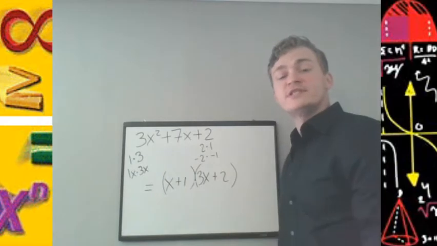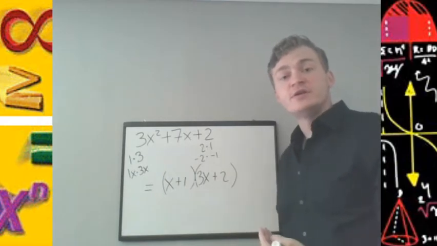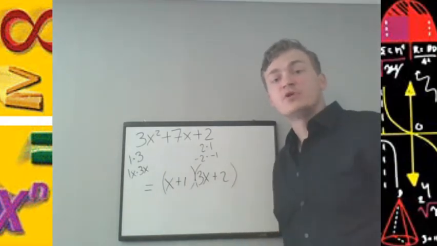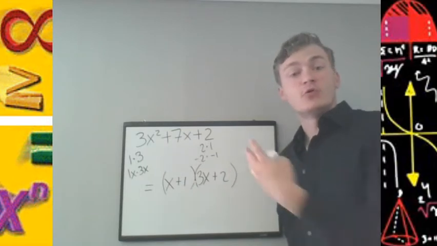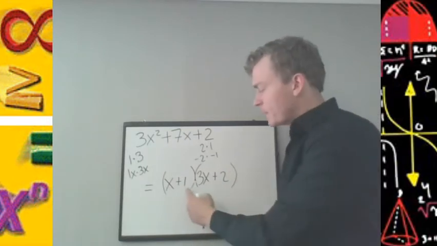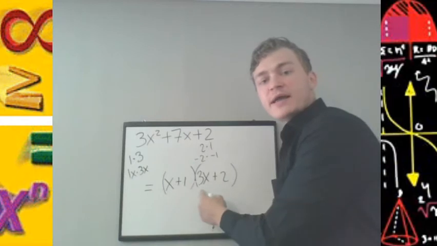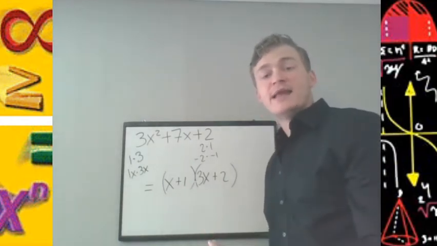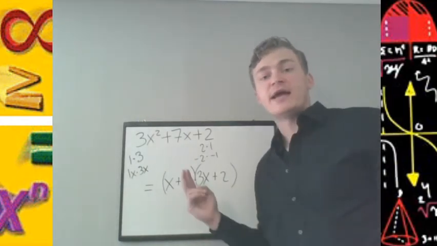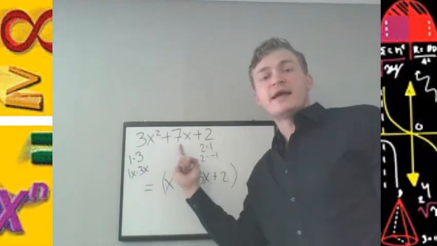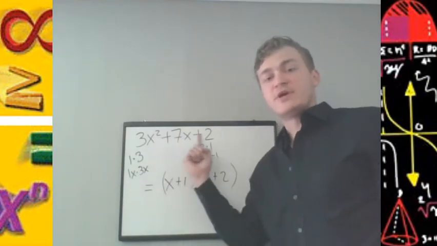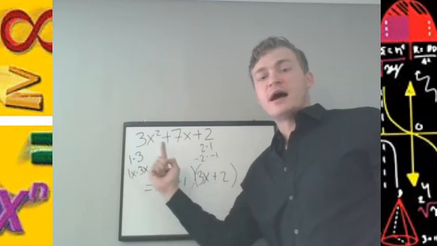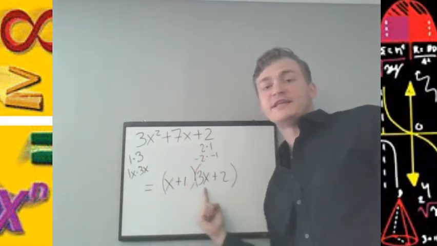This is another set of integers or factors that multiply to give us c, or in this case, positive 2. But if I plug a minus in here, then my inner product and outer product is going to be negative. And the combination of two negative terms is going to give me a negative term, not a positive term. So because all of these are positive here, I can now understand that these need to be plus signs.